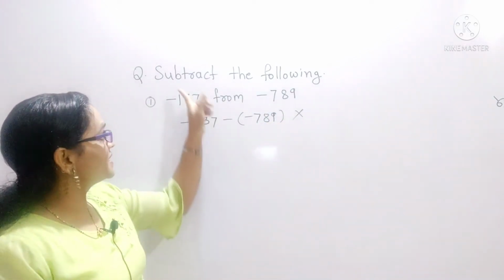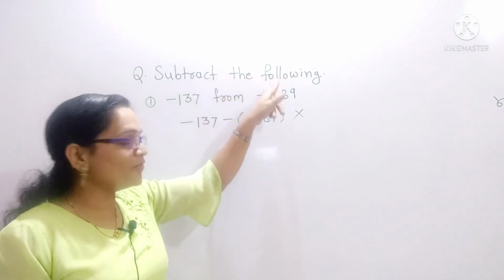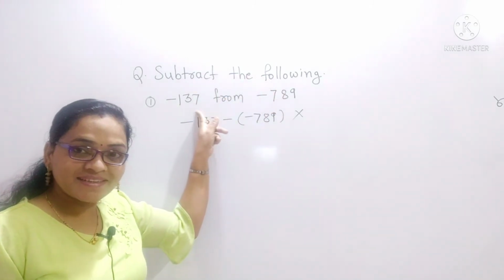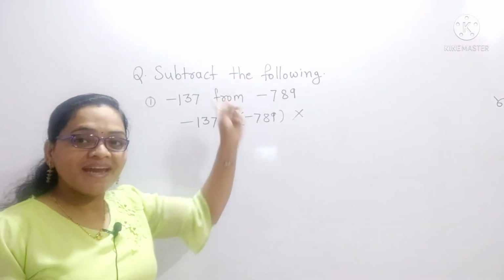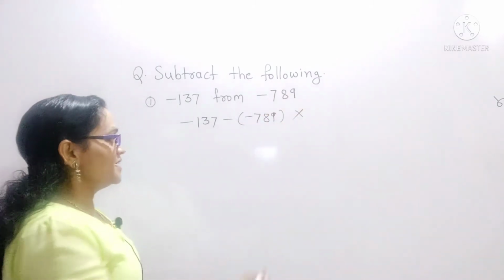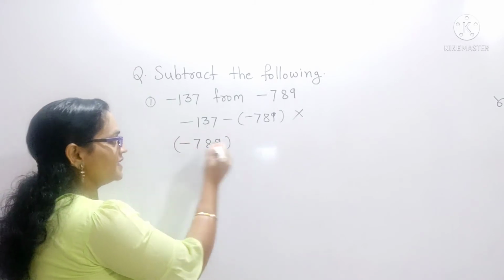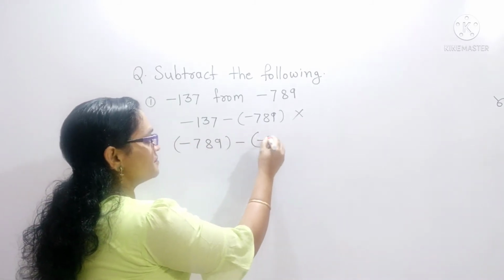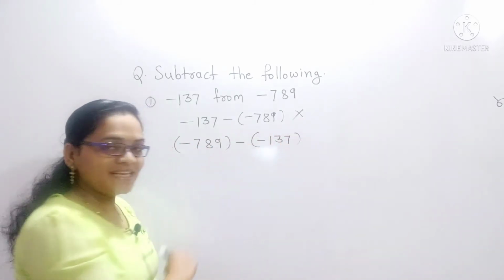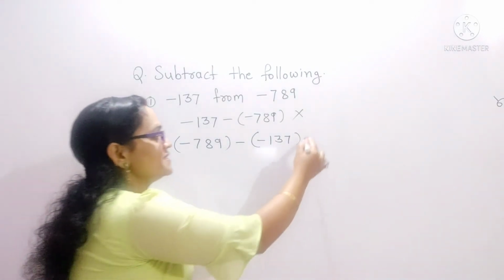What is given in the question? Read carefully. Subtract the following: minus 137 from minus 789. Means we have to write first minus 789 minus minus 137. This one is correct.